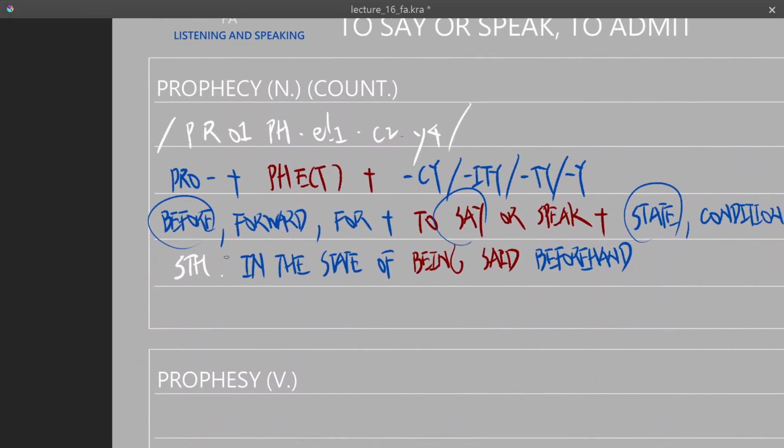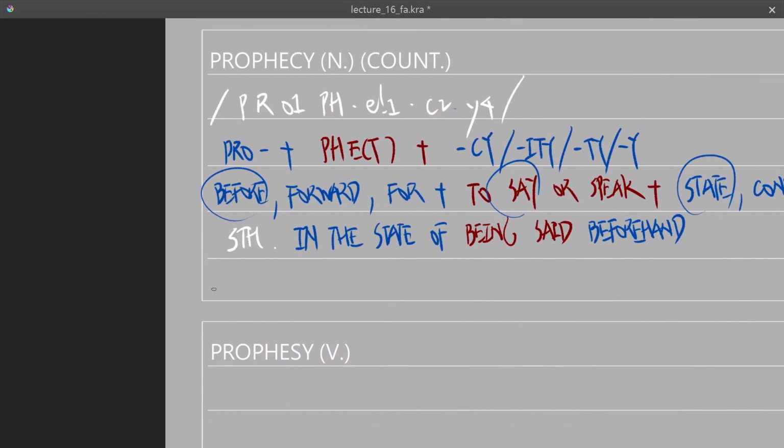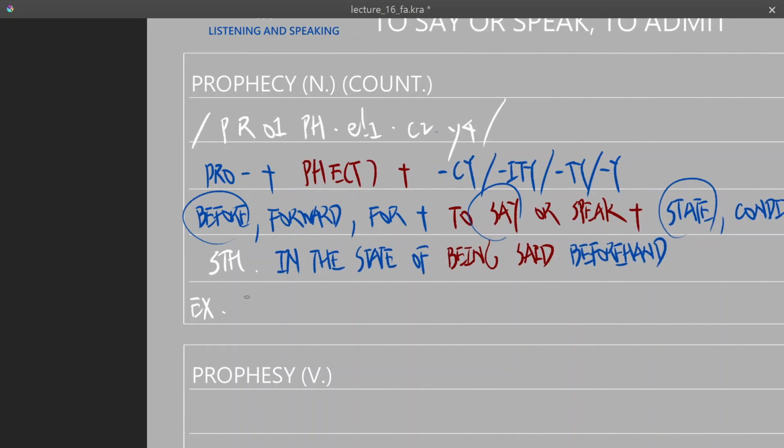All right, so for example, let's say the prophecy. What kind of prophecy?